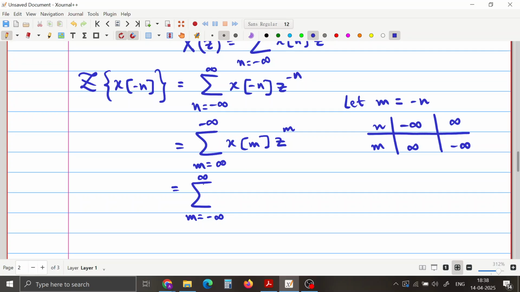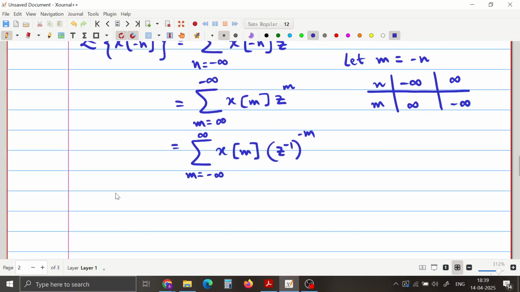So I'm exchanging the limits, and I have x of m times z to the power m, which I write as z inverse, that is z to the power minus 1, whole to the power minus m.